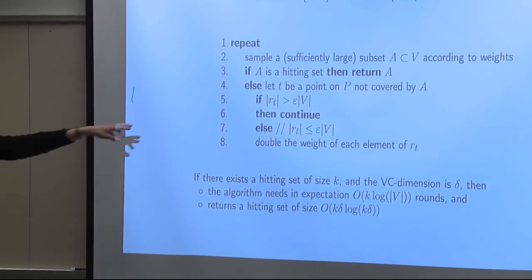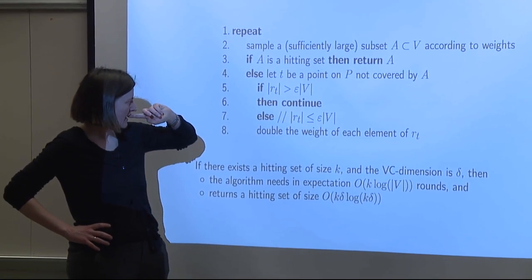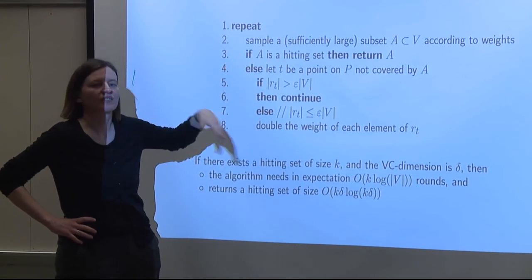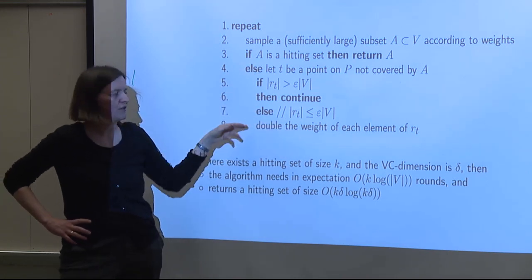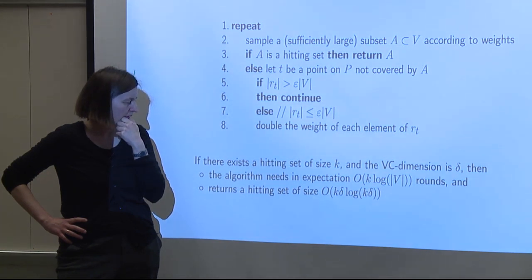Right. So if the set is large, then it's not an epsilon net, so our sample was wrong. We had a failure in the sampling, so we just resample. If the size of the set is small, then we do the weight update.